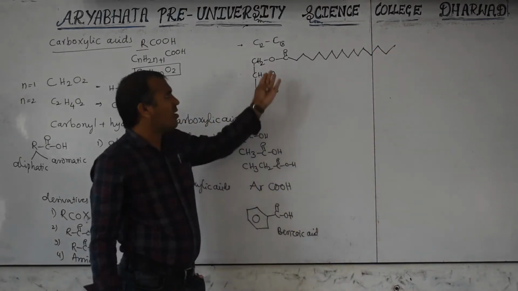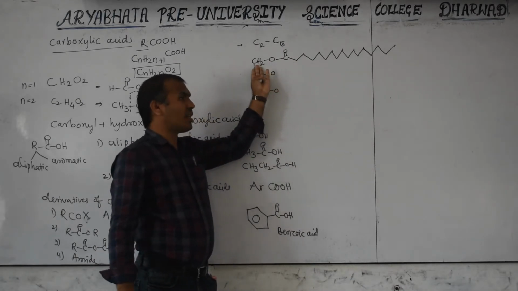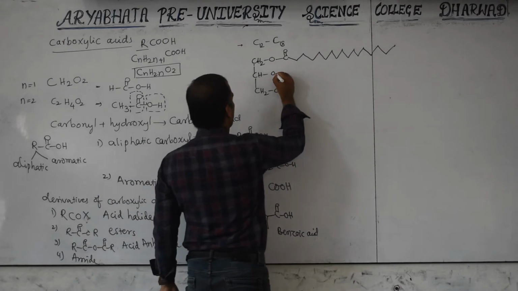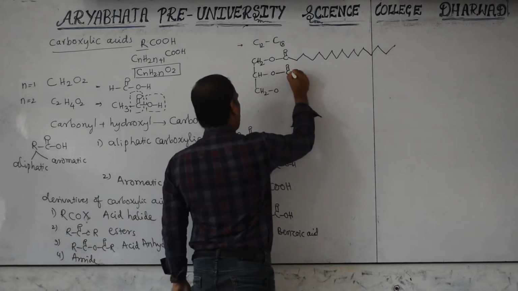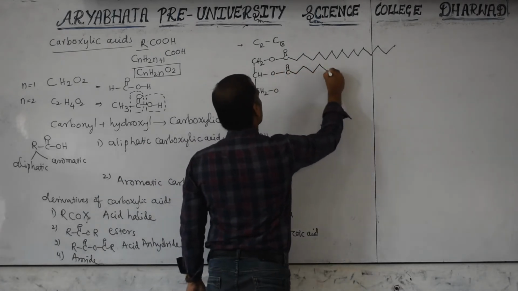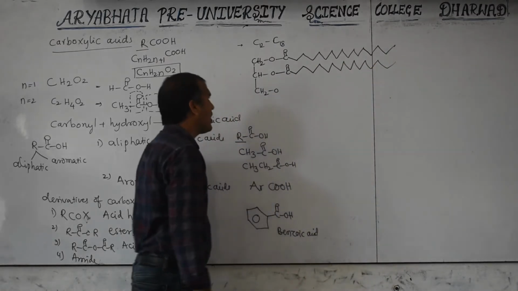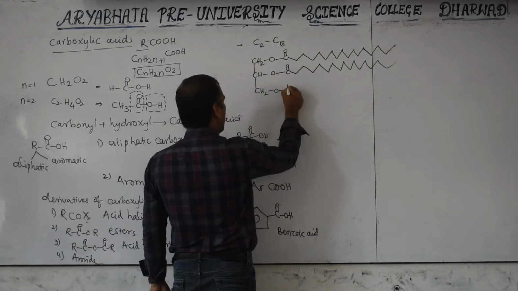So this long chain carboxylic acid reacts with the alcohol to form an ester bond. Like here also there is C double bond O. This is a long chain carboxylic acid.